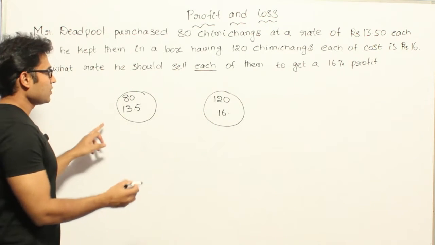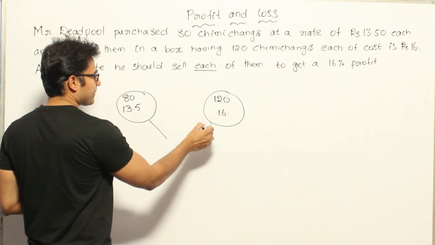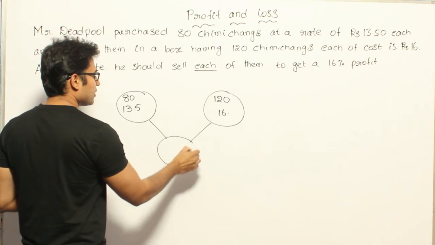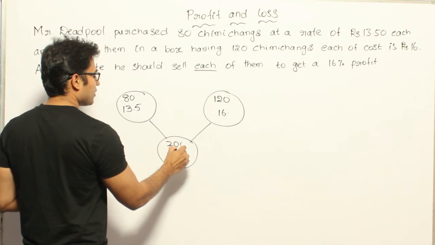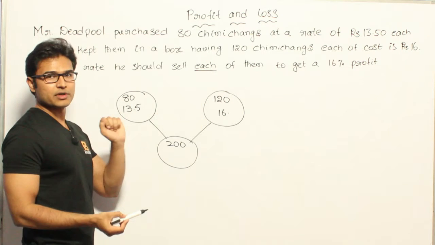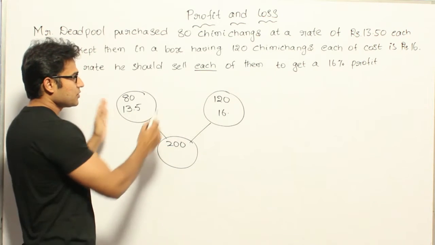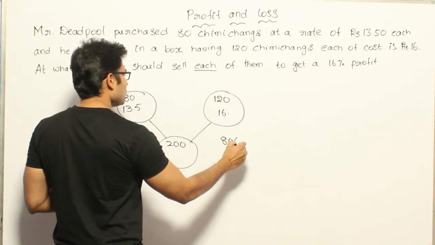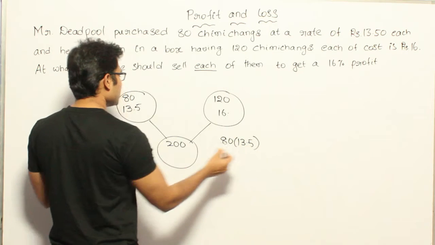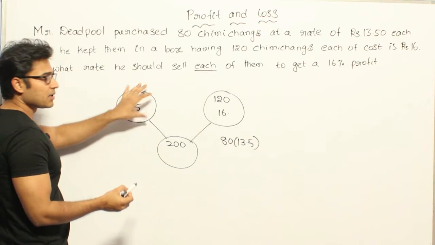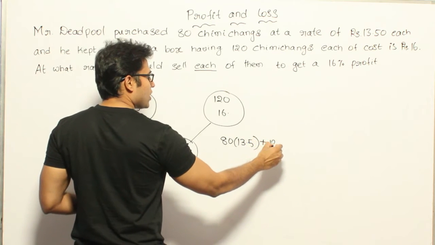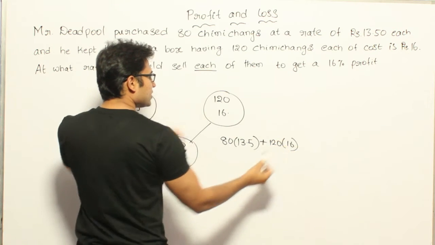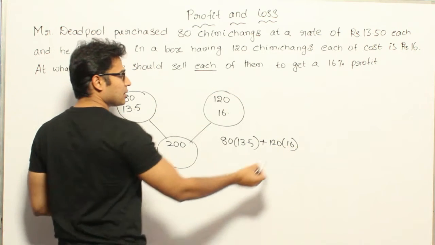Now when you combine these two, we are going to get 200 chimney chunks, 80 plus 120, and the net cost, which means overall cost price, is going to be 80 into 13.5, so this is the net cost price of this group, plus 120 into 16, this is the net cost price of this group.